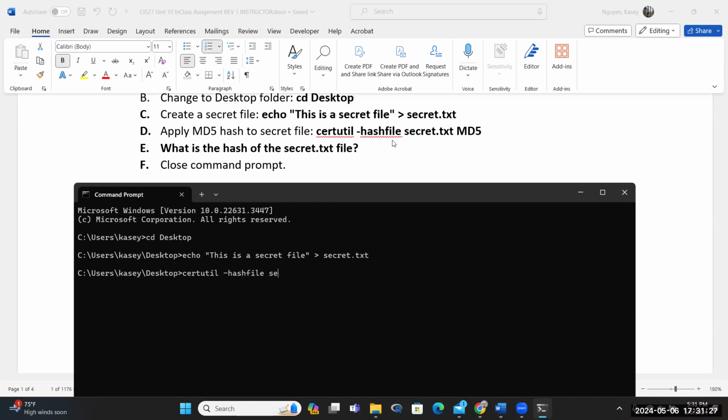And we're going to tell it which file we're going to create the hash for, and the algorithm for the hash, MD5. On yours, it's going to be different than mine, right? It tells you that this is an MD5 hash for your file, and this is the hash value. And it completed successfully. So now, after this step, you know how to create a hash for your files, right?